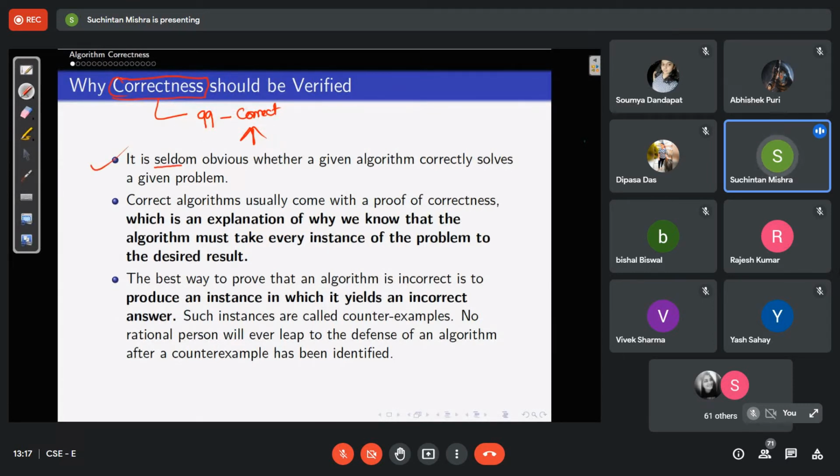It is seldom obvious whether a given algorithm correctly solves a given problem. Now, if I just give you a random algorithm, and I say, just look at this algorithm and tell me this is the algorithm for swapping two numbers.